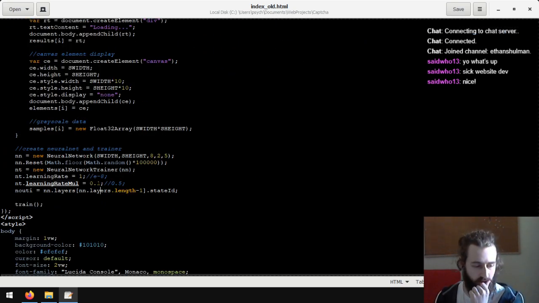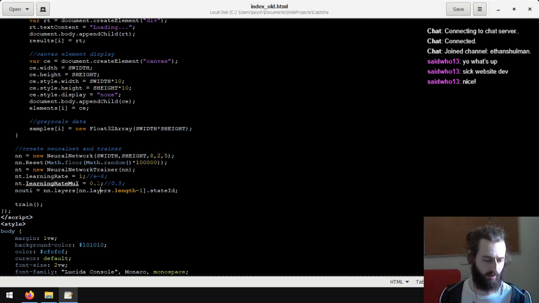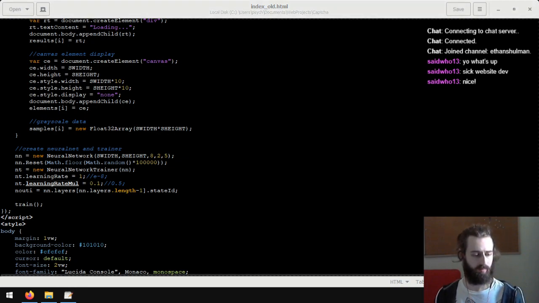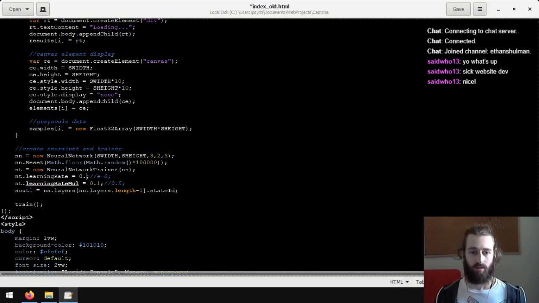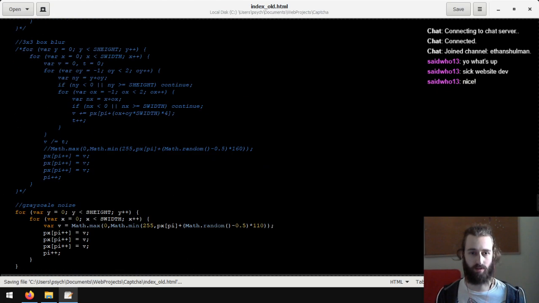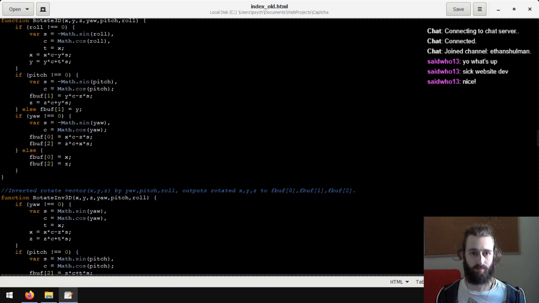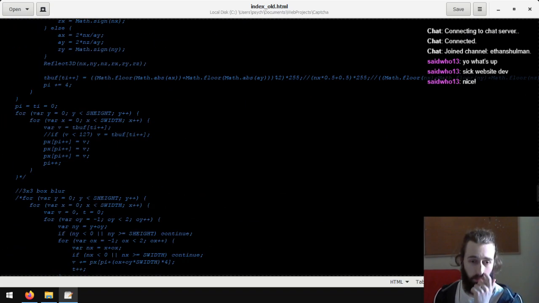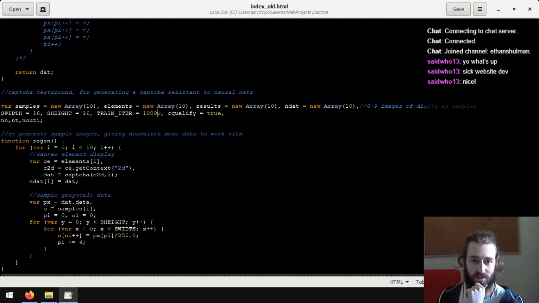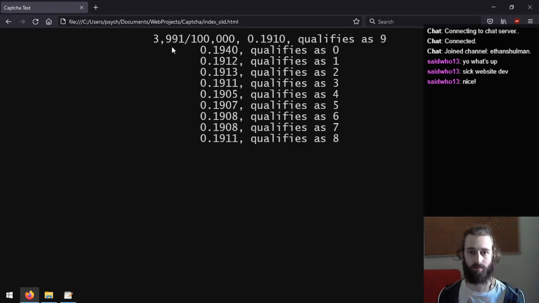I might need to change some of these hyperparameters for the neural network. This learning rate multiplier is really lowering the learning rate too much, I think. Let's try this. So right now I'm just messing around with the values for the neural network.